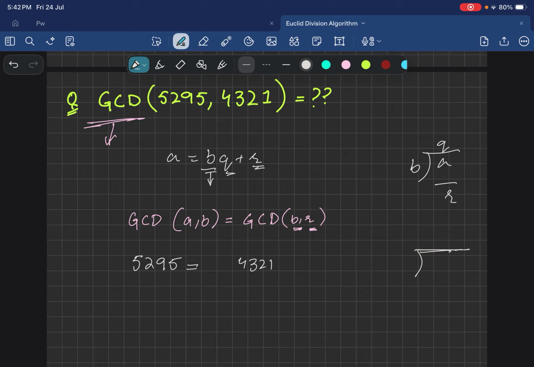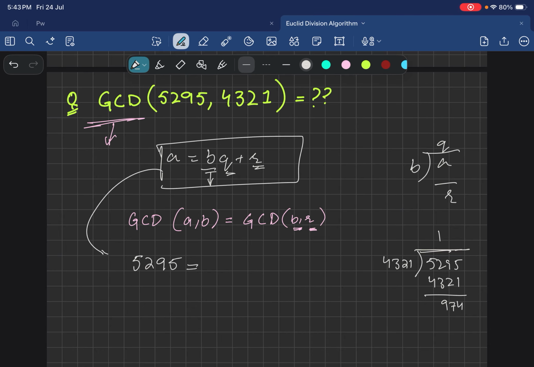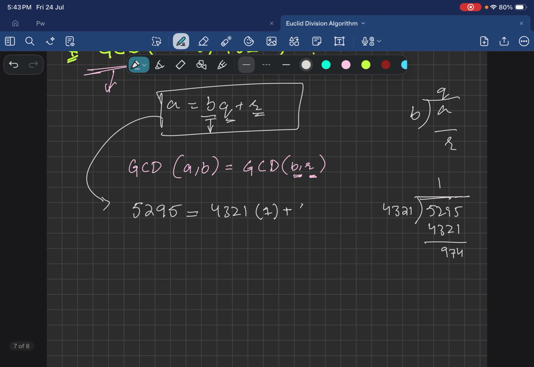Now the extended Euclidean algorithm says that you continuously divide and apply this property until you get a 0. Let me explain how. Take 5295 and divide it by 4321, and you get a remainder of 974. Which means, according to the Euclidean algorithm, we could write it as 4321 into 1, because 1 is the quotient, plus the remainder, which is 974.